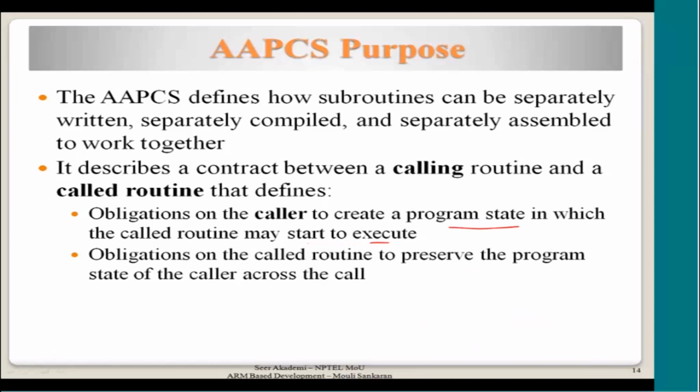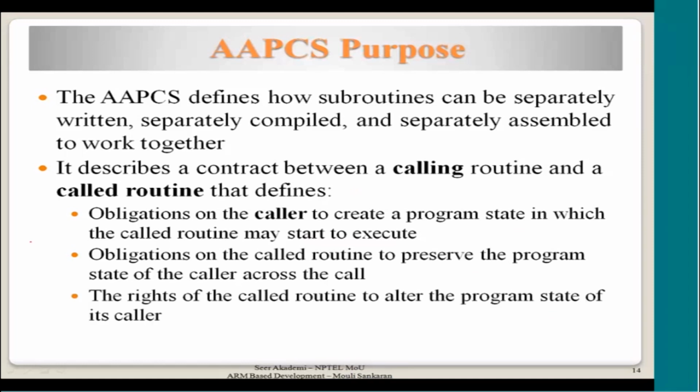So the APCS, the ARM procedure calling standard for this platform, is how it makes sure that there is no confusion because of a subroutine call, and defines the rights of the called routine to alter the program state of the caller. The called routine can also change something, so that the caller gets to know about it.